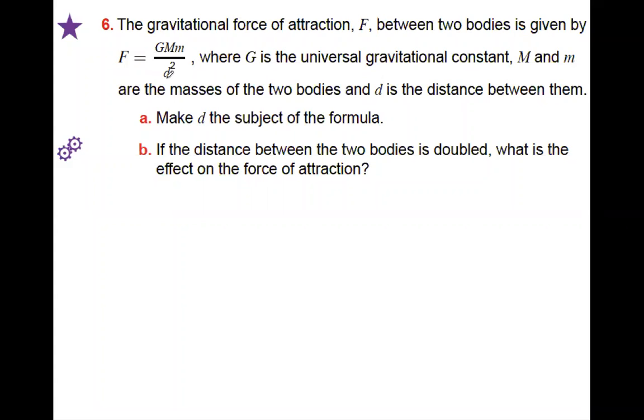And G is what they call the universal gravitational constant. M and m are masses, two bodies, and D the distance. So we've been told to do first, make D the subject. Okay, so how do we do that?